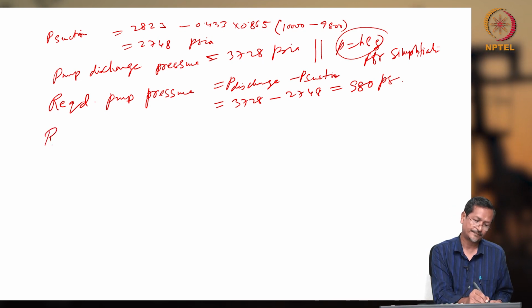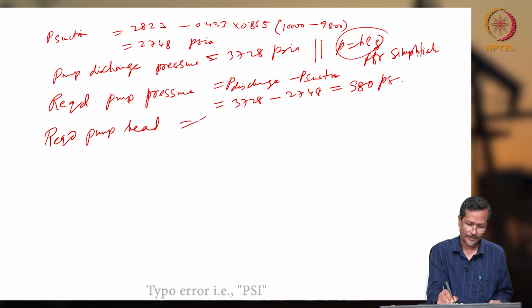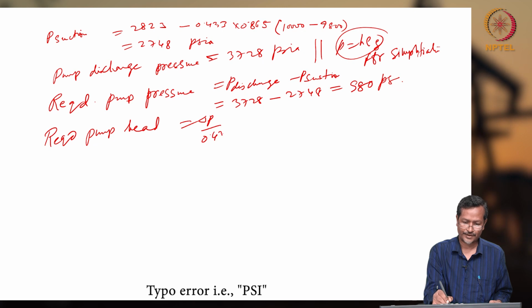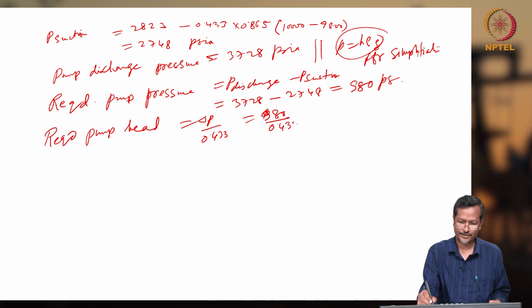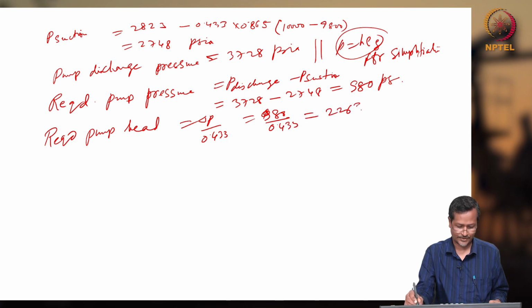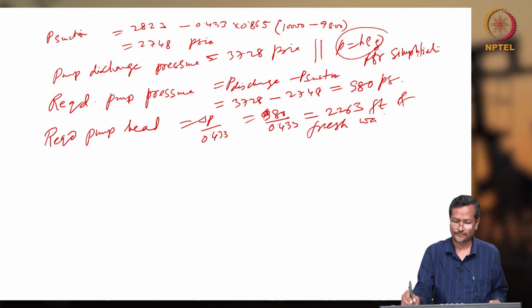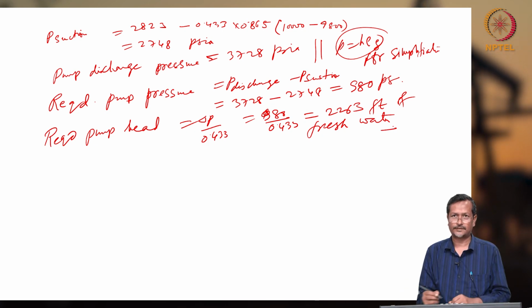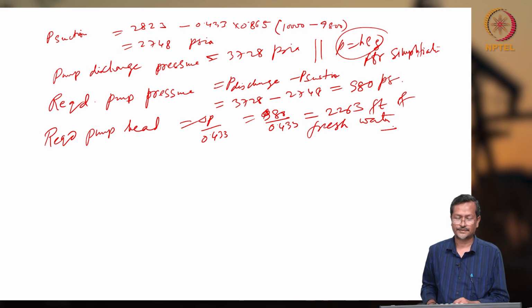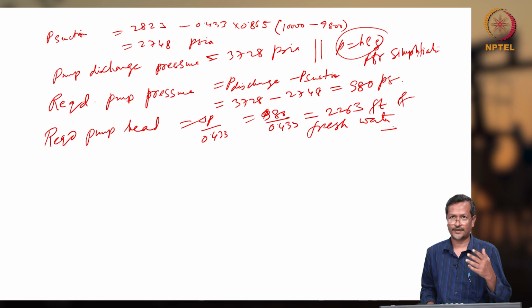So the pump head equals del P by 0.433, equals 980 divided by 0.433. It will give 2263 feet of fresh water. So this is a very simple problem, formula based problem. Just try to practice this sort of problem. In exam maybe I can give a similar problem, and I will change something so that you have to think and you have to work on that.